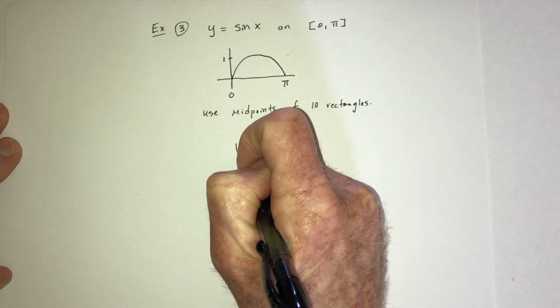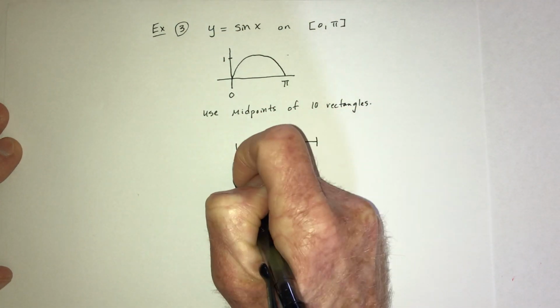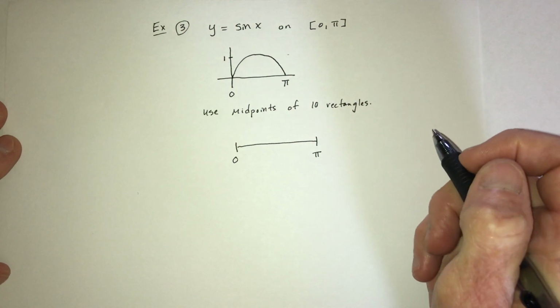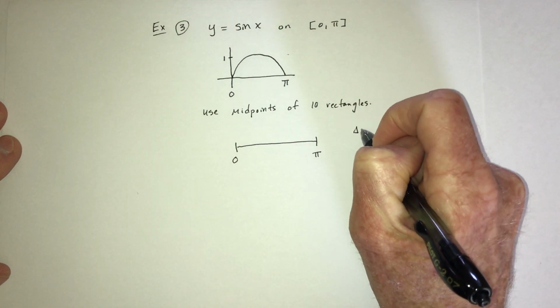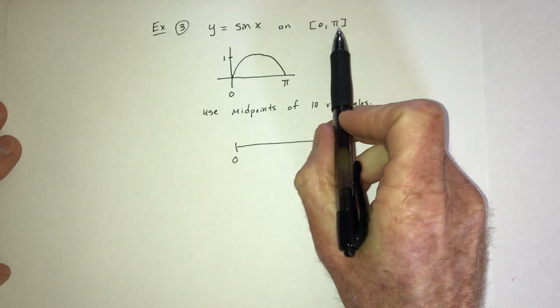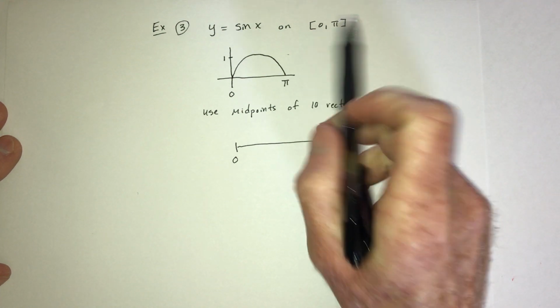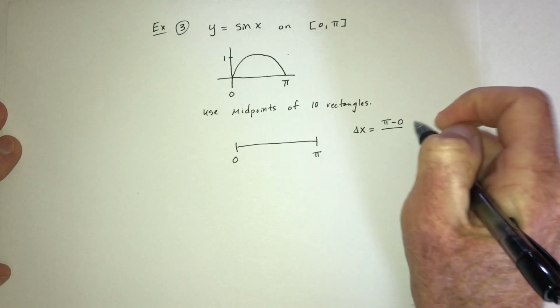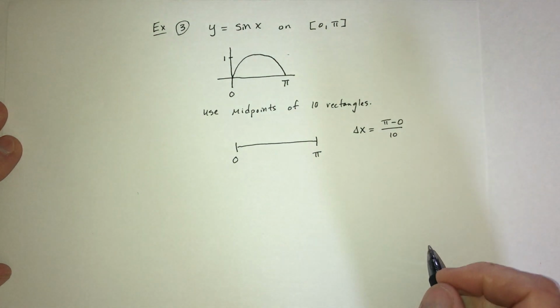So what we really need is the x-axis. So the x-axis goes from 0 to pi, and now we need delta x. So for delta x, whatever the interval is, you subtract these two numbers. So that's going to be pi minus 0, and then it's divided by 10.